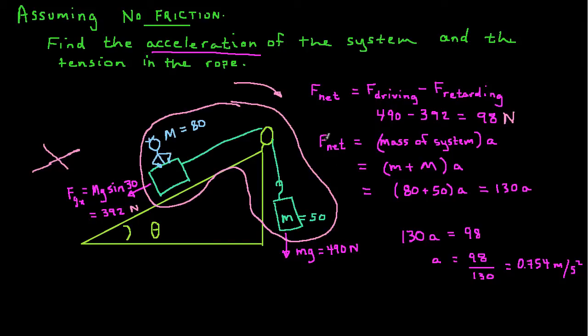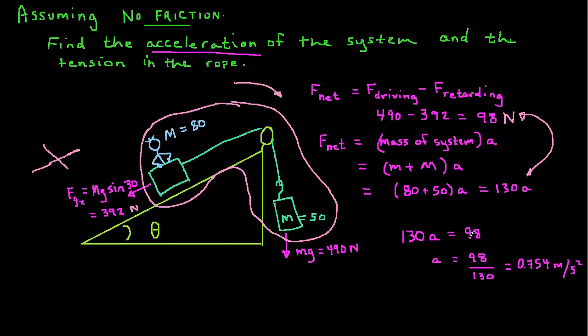Now, the net force is equal to the mass of the system times its acceleration. The mass of the system is the combined masses of the objects inside the loop, in the system. So 80 plus 50, that works out to be 130a. Now, this is the net force. This is what the net force has to be equal to, m times a, from Newton's second law.